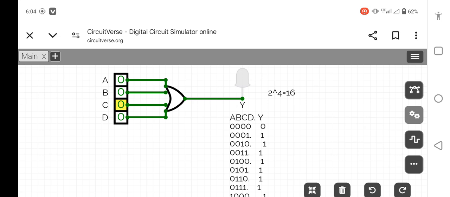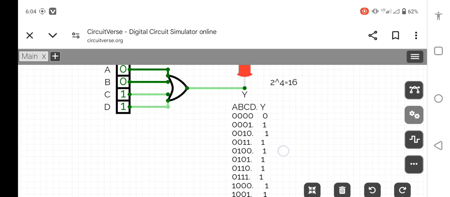The bulb will not light up. For number 2, we have 0001. The bulb will light. Number 3, 0010. So the bulb will light. And next, number 4, 0011. The bulb will light.